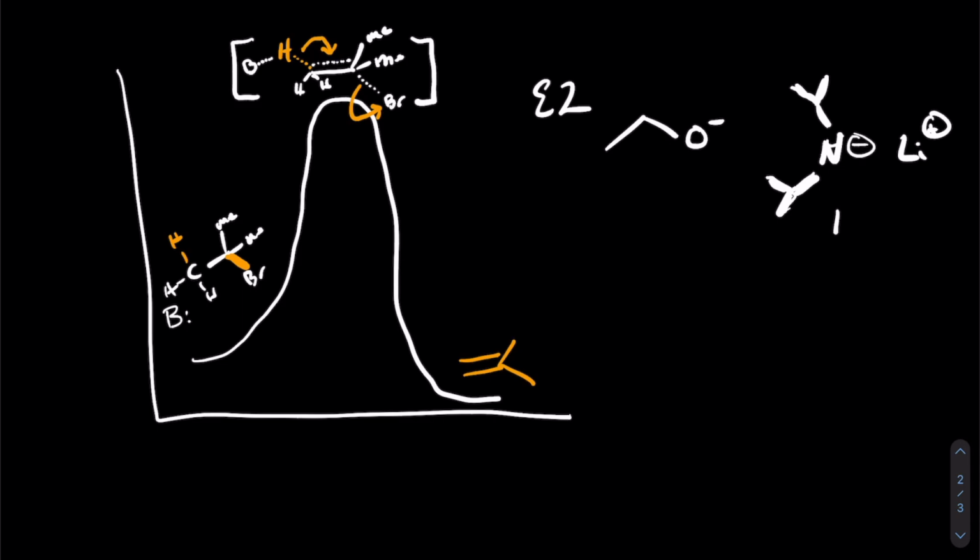This base is called lithium diisopropyl amide. That is a wicked strong base, and it's not a good nucleophile because, as I said, these groups are huge. They're not going to allow it to be a nucleophile. So with that kind of base, essentially you are guaranteed an E2 type elimination.